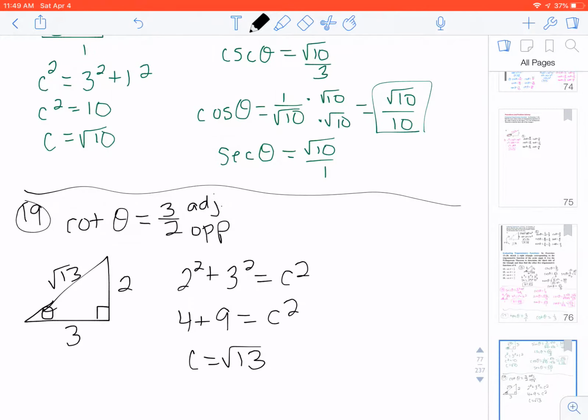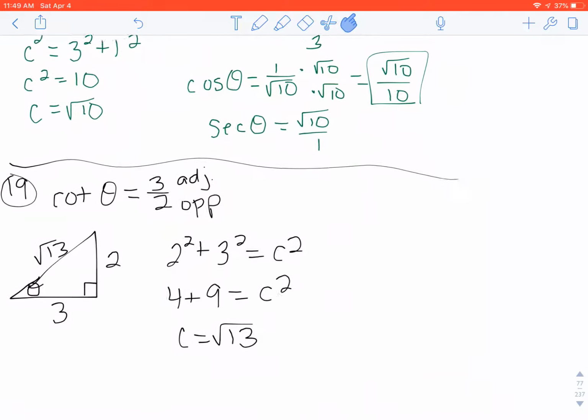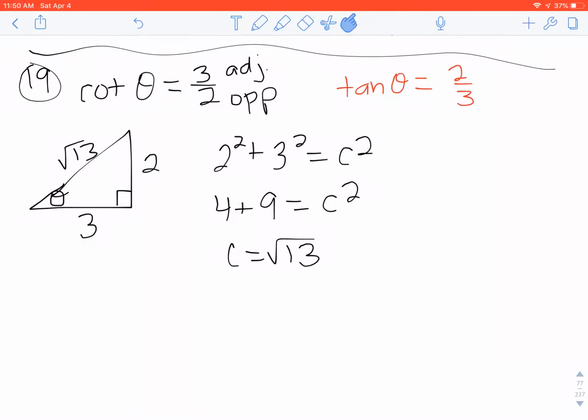Okay, we already have cotangent, so to find your other 5 trig ratios, I would start with your tangent theta, take the reciprocal, so you get 2 over 3. All right, I'm going to come down here. Let's find sine theta, which is opposite, which is 2, over hypotenuse, which is square root 13.